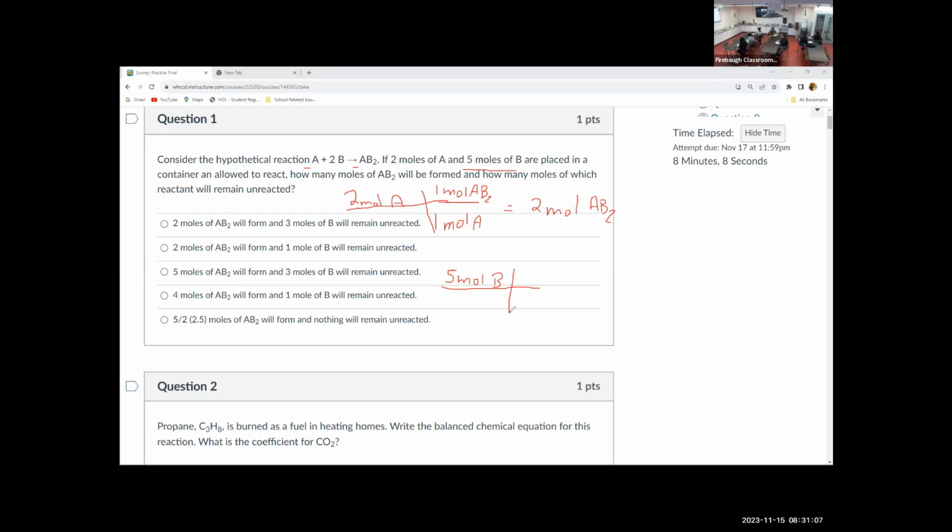You're right, the answer is going to be 2.5 at the end. That's how much we're going to be able to make. But I need that ratio first. So for every 2 B's, how many AB2 can I make? 1. So then I'm going to write that down. For every 2 B's, because we're basing it upon the chemical equation, I get 1 AB2.